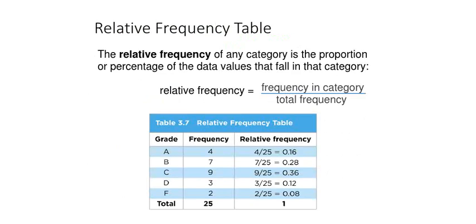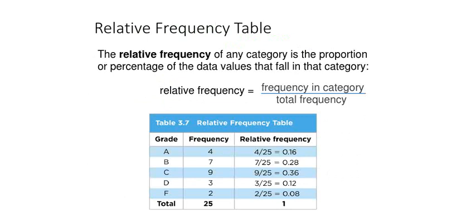A relative frequency table is going to tell us the proportion or percentage of the data that falls into a category. If I take 4 out of these 25 pieces of data and divide, I'm going to get 0.16. I represent the relative frequency as 0.16. We also sometimes write it as 16%, but be very careful of the way instructions are given in the assignment here.